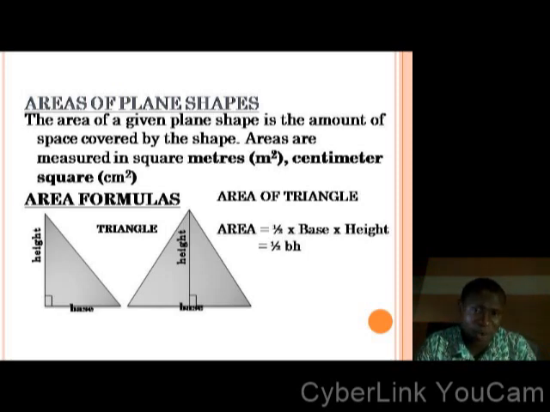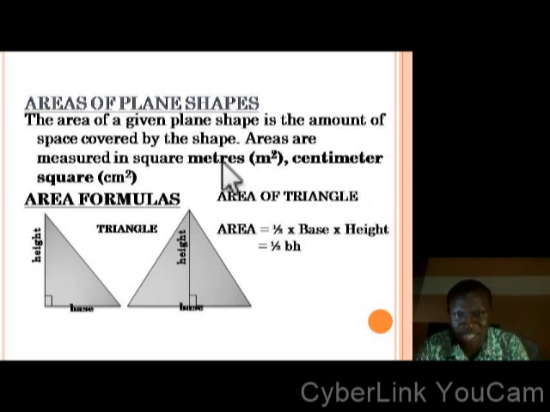Some of you may have something like a rug or a carpet in your parlor. The space covered by that rug or carpet is the area of that rug. That is the space covered by that particular shape, which is what we call the area of that given shape.